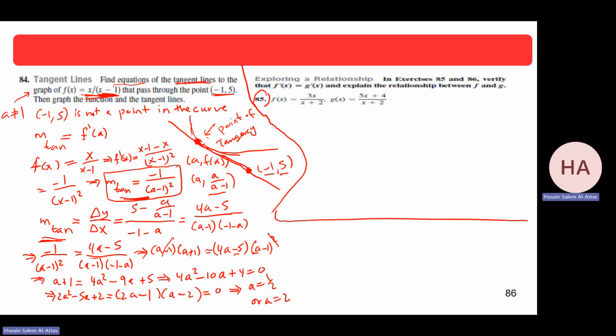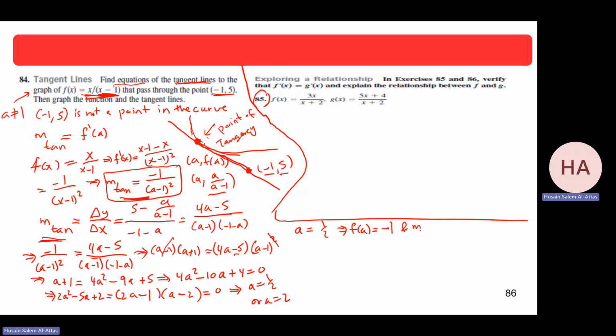Okay. If a equal half, f of a will be what? Because I need to find the point. If a is half, then half over half minus 1, which is minus half, half over minus half, that will be minus 1. F of half will be minus 1.